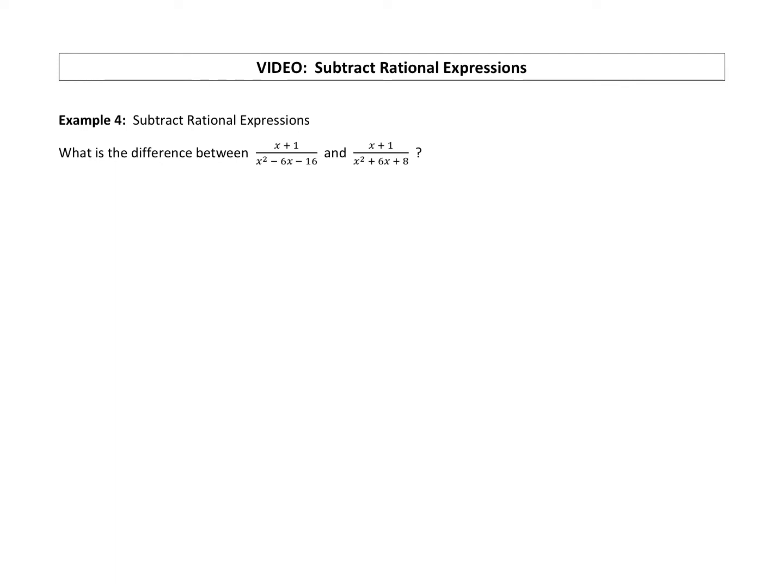So let's rewrite the problem. They gave us a problem in words, so we'll write this out as a subtraction. It says difference, so let's subtract. But remember, we are going to factor our denominators as we rewrite this. So we have x plus 1 over, are there factors of negative 16 that add up to negative 6?